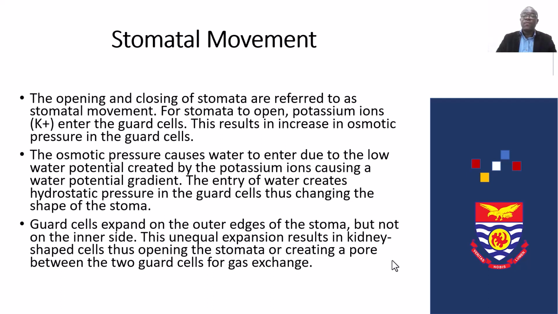The entry of water creates hydrostatic pressure in the guard cells, thus changing the shape of the stoma. Guard cells expand on the outer edges of the stoma, but not on the inner side. This unequal expansion results in kidney-shaped cells, thus opening the stomata or creating a pore between the two guard cells for gas exchange.